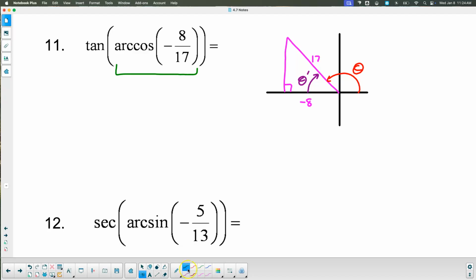So I want here the tangent of theta prime, which is the same as the tangent of theta. What's the missing side length? 15. 8, 15, 17. Pythagorean theorem if you didn't know that.